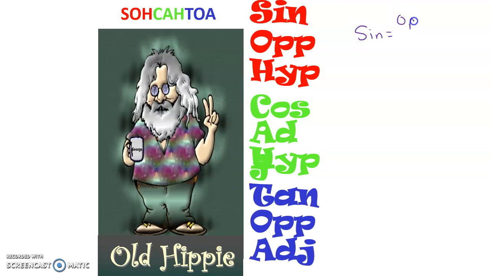So here we know that our sine ratio is our opposite over our hypotenuse. Remember, a ratio is like a fraction. We also see it written like this. Our cosine ratio is our adjacent side over our hypotenuse.